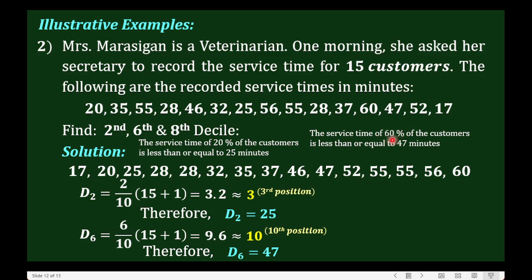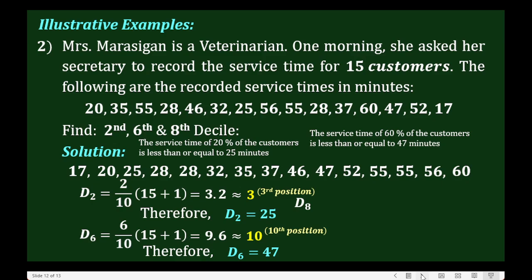Now, it's very obvious. 60% is associated with the sixth decile. So yun ang ibig sabihin nun, kaya 60%. Okay? So again, D sub 6 or the sixth decile, which is 47, means that the service time of 60% of the customers is less than or equal to 47 minutes.